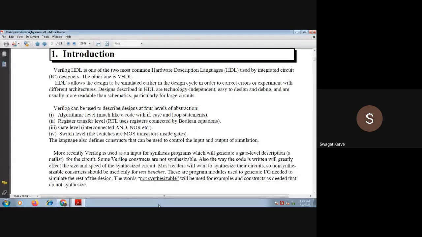That means inside an individual gate, you are able to see different MOSFET structures, different MOS transistor structures. So Verilog has four levels of abstraction and VHDL has three levels of abstraction. Okay, remember this.